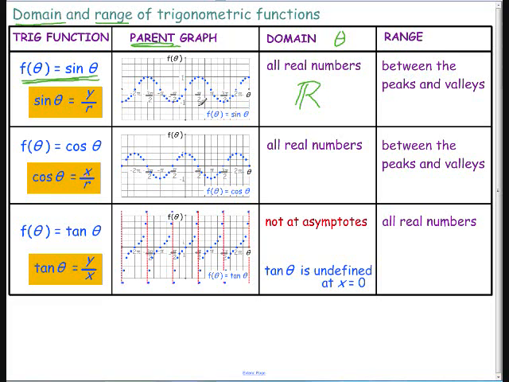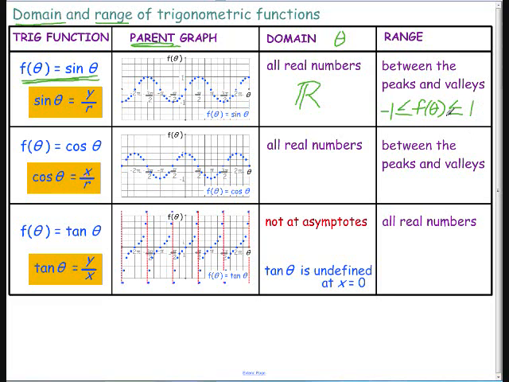And what is the range of sine theta, the parent graph? Well, the range is how far, where it exists vertically. And we can see it goes from -1 to +1, and back, and back. So it's between the peaks and valleys, which at least in the parent graph are, for this one we're looking at here, the function of f is greater than or equal to -1 and less than or equal to 1.